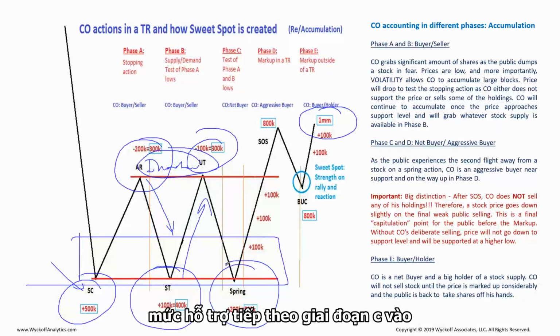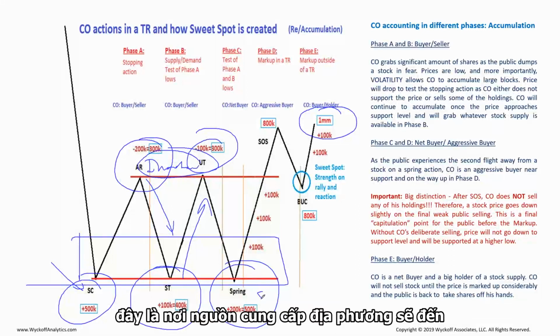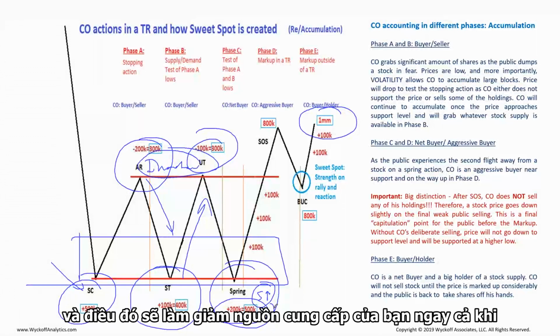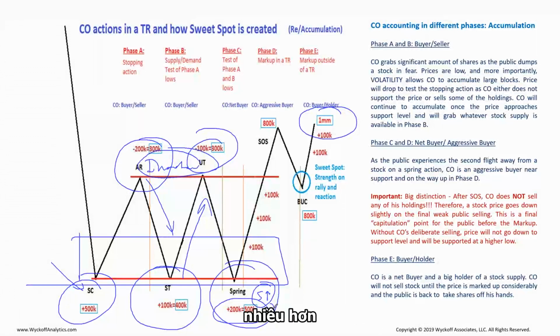The next support level, phase C, into the spring, this is where locally supply is going to increase. So CEO is going to step up and buy the last number of shares from weak hands, and that would diminish supply even more. And that would suggest the timing.